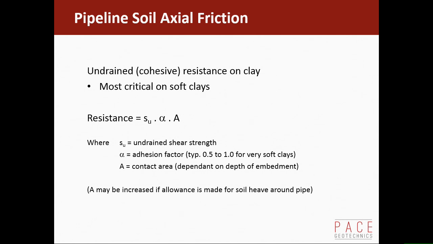Over time, largely excess pore pressure from the lay process disturbing the soil will dissipate and the strength will recover. So you might increase it to say 1. And then your resistance would be R equals SU times your adhesion factor times the area, which is that length times 1 metre effectively. It's the contact area per unit length.